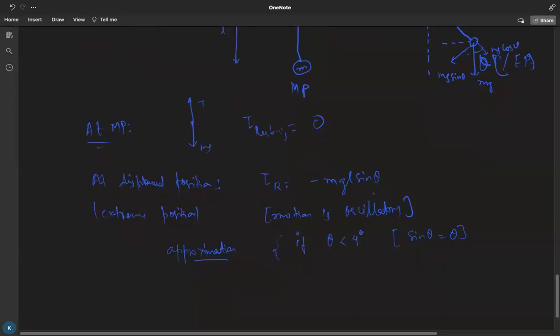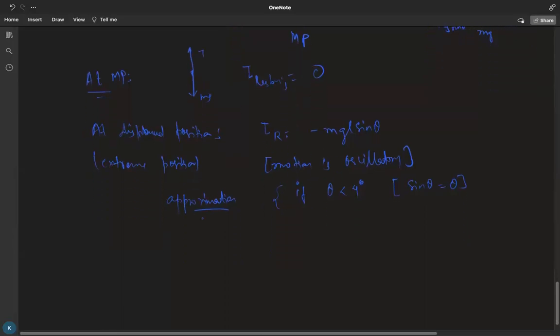So we have to assume one approximation, and the approximation is that theta is much, much less than 4 degrees. So from now on, if theta is less than 4 degrees, we can write our restoring torque as minus mgl theta.